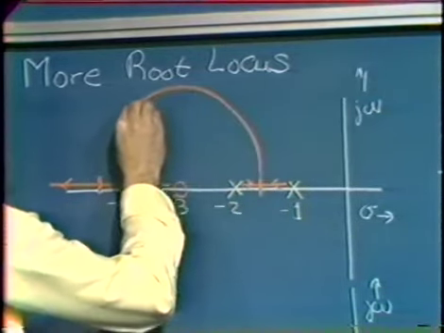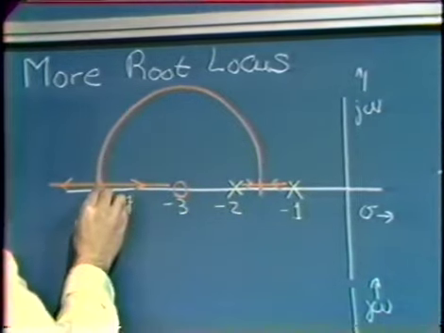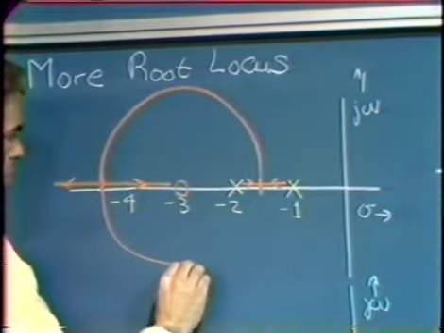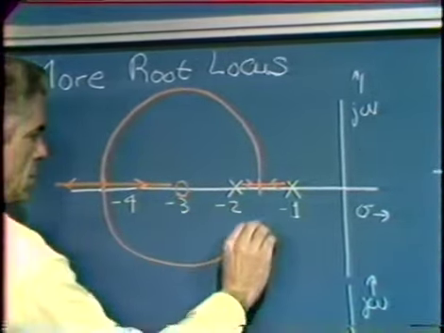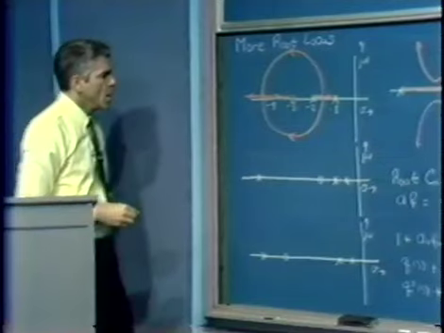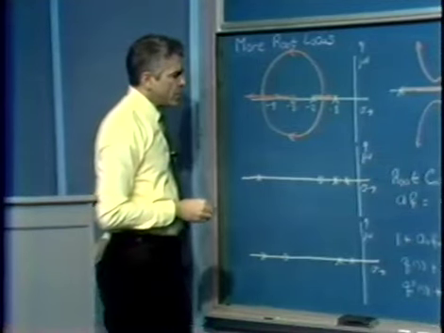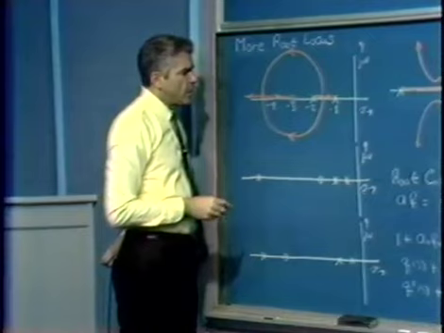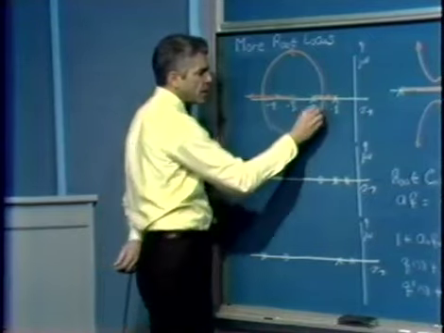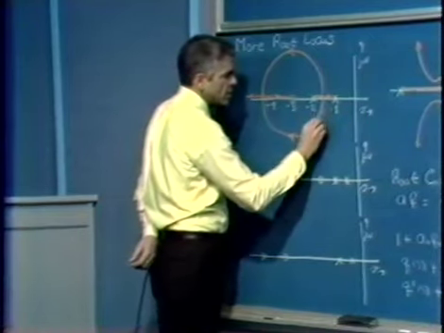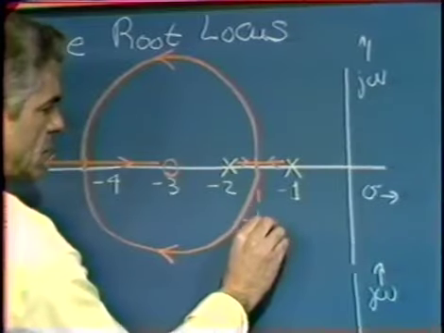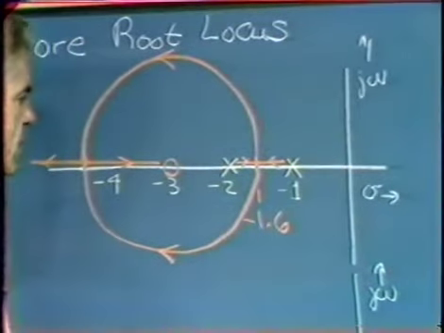So we'd anticipate trajectories like this, with this being the direction of increasing A0, F0. We can go through the arithmetic to determine the breakaway points. If we do this for this example, we find that this breakaway occurs at minus 1.6.